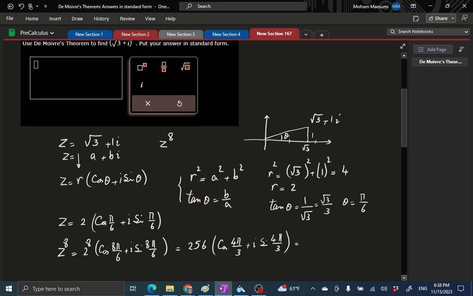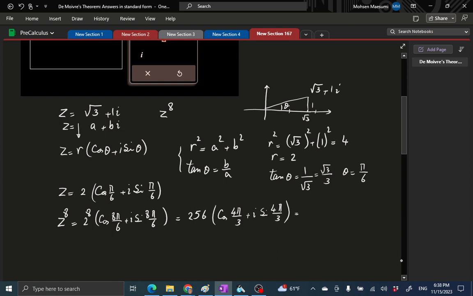Now what is 4 pi over 3? We can look it up in our table, or say, well, that's pi plus pi over 3. What is the cosine of it? 256 times cosine of 4 pi over 3, that is minus 1/2.